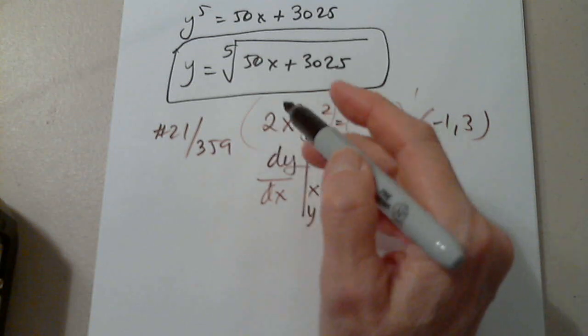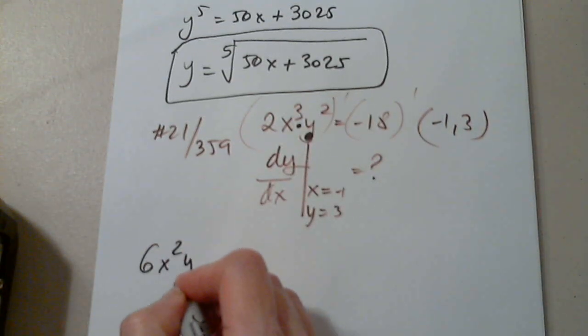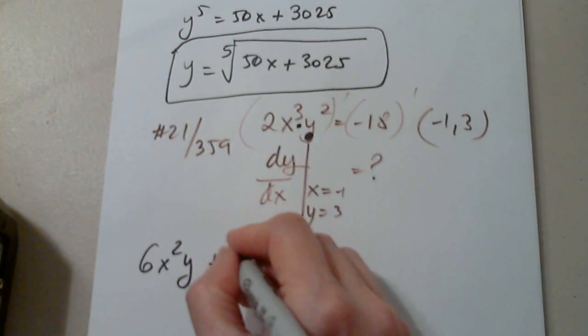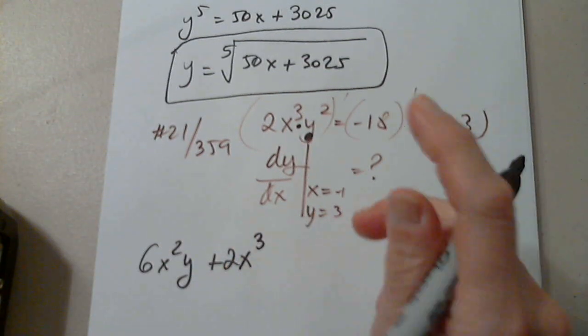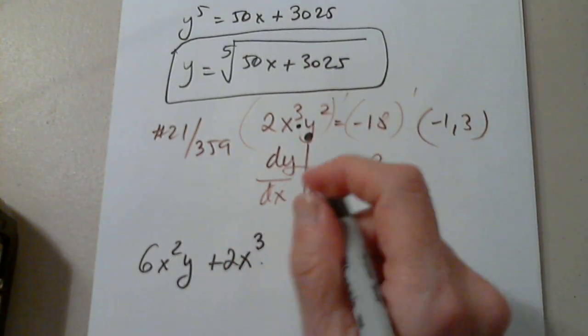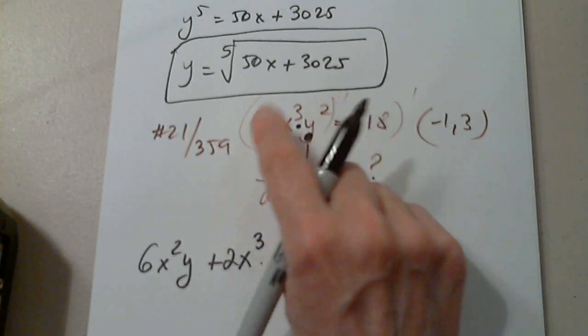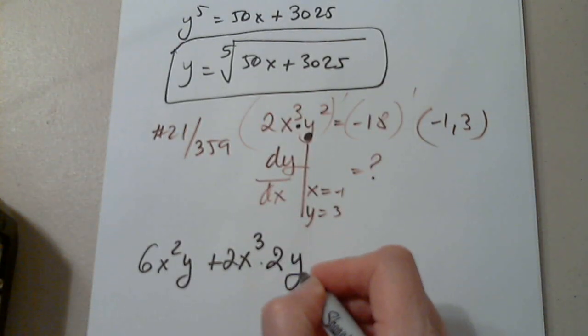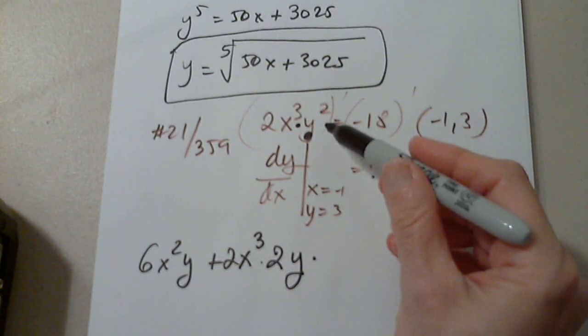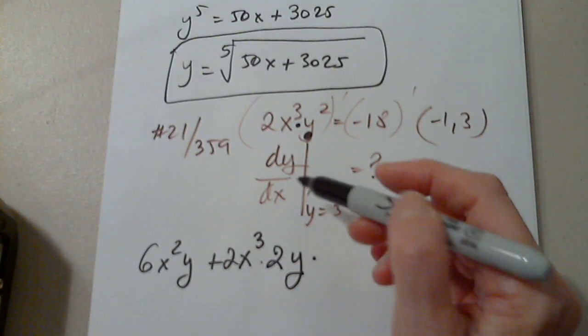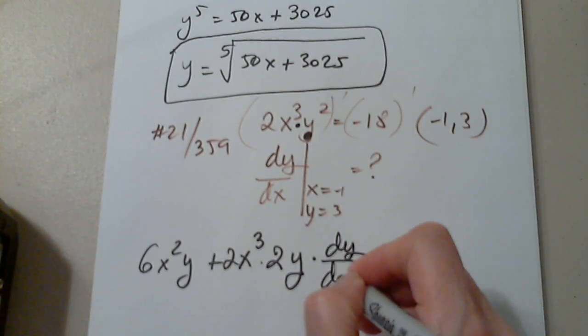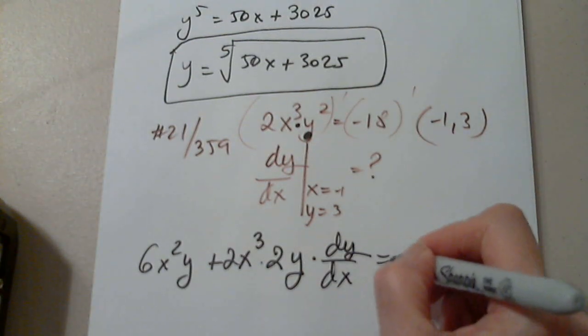First function prime, 6x squared y, plus the first function times, of course, I have to differentiate this one. But this is a function. I bring down 2, I subtract 1 from the power, and I multiply by the inner function prime, dy over dx. And the right-hand side is nice and easy.